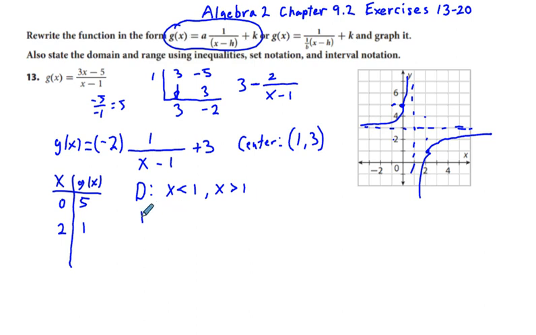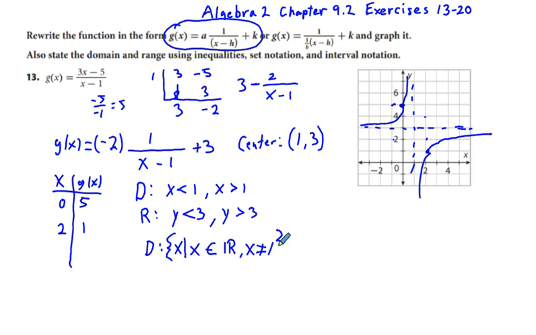Our range is going to be y is less than 3, and also y is greater than 3. And then set notation: x such that x is an element of all real numbers, except x cannot equal 1.